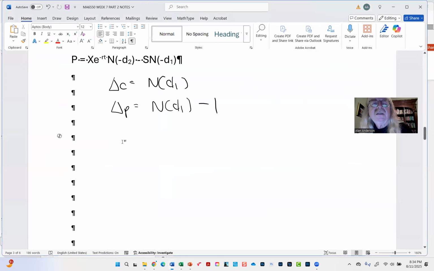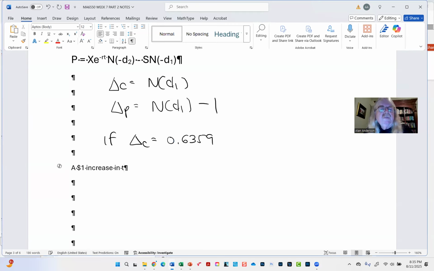And so that indicates that a $1 increase in the price of the stock adds about 63.59 cents to the value of the call, and vice versa too.